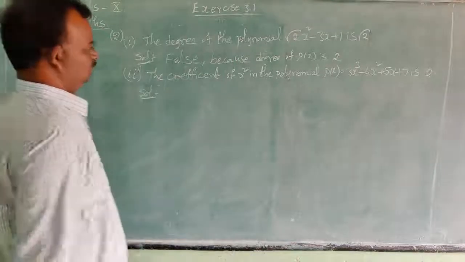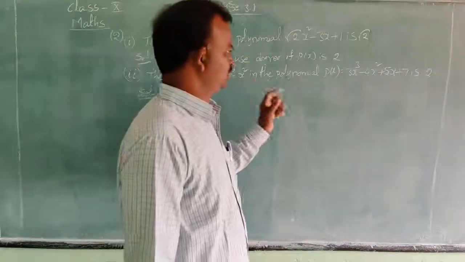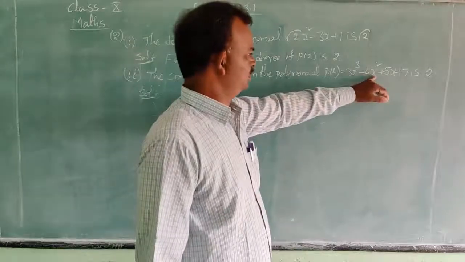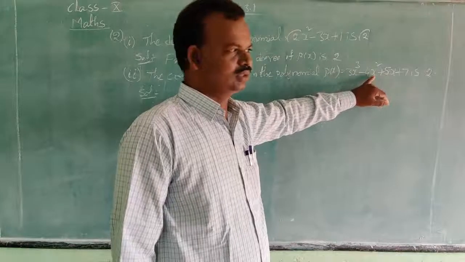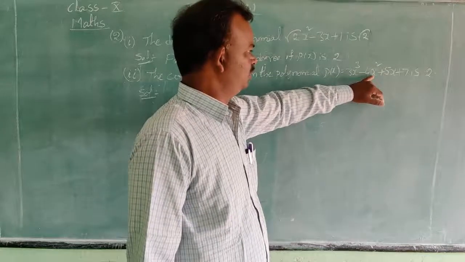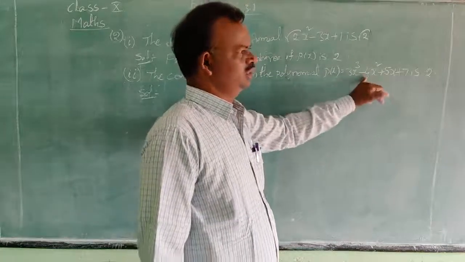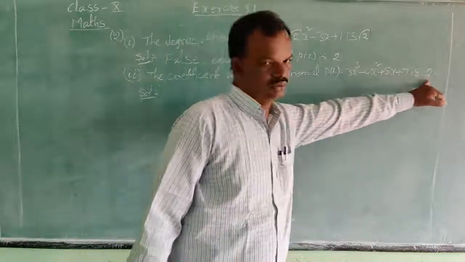Here the solution is, it is true or false? Quotient of x square. Here the term of x square is minus 4x square. So the quotient of x square is the number before x square, that means minus 4. The given value is 2.